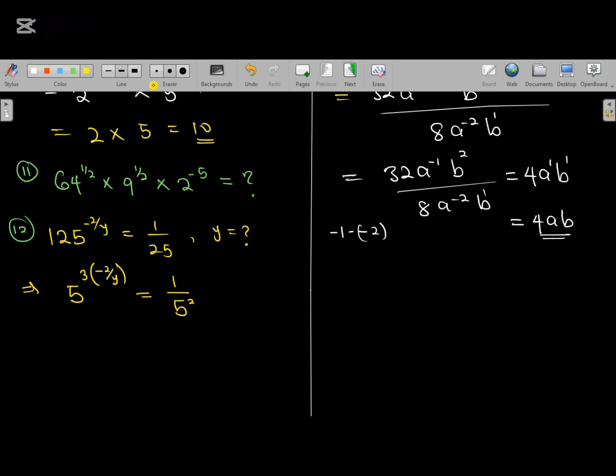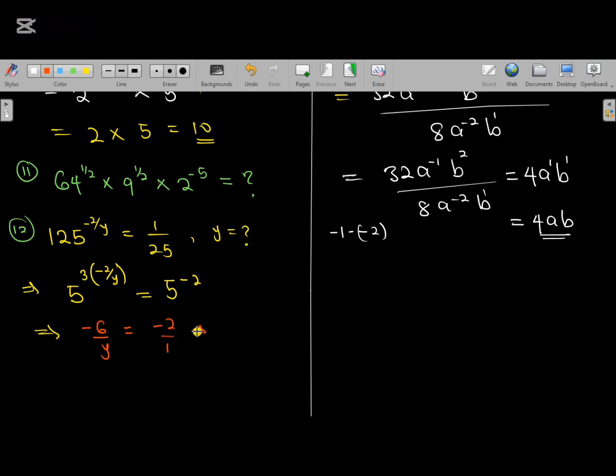But then remember, like we have always said, when you have 1 all over, you can change it to a negative power. And so this will be 5 to the power of negative 2. So once the bases are the same, we can take them out, and the powers will now be the same. And 3 multiplying here, and you are done.